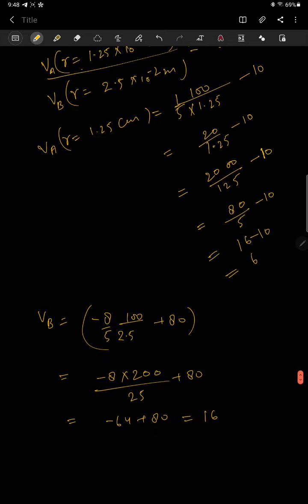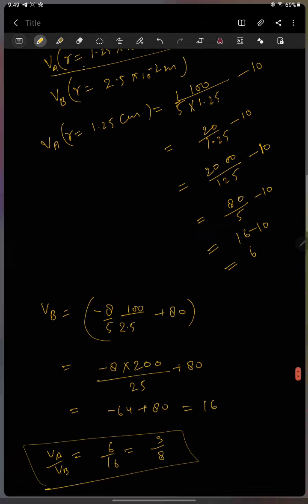So the ratio VA upon VB is equal to 6 by 16. This is the solution.